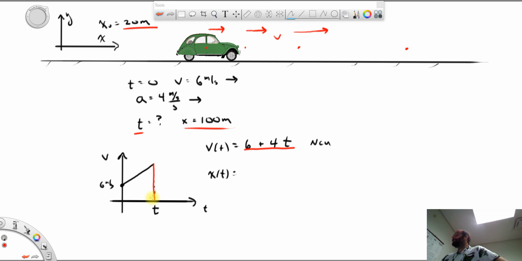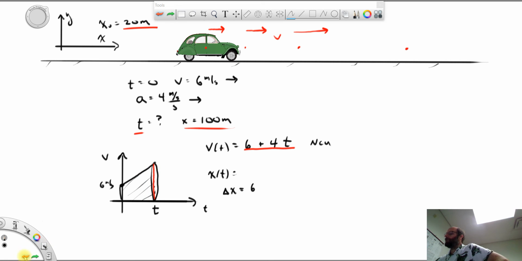Next, to get our delta x, we're going to write an equation using this area here, and that's a trapezoid. To find the area of a trapezoid, you take the left, which is this, 6 meters per second. Again, units are consistent, so I'm not going to write them. Plus the right, that's this.